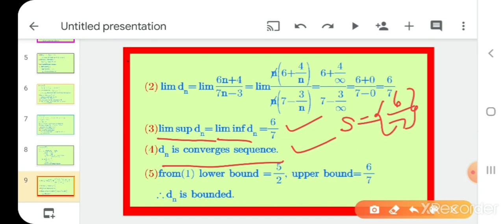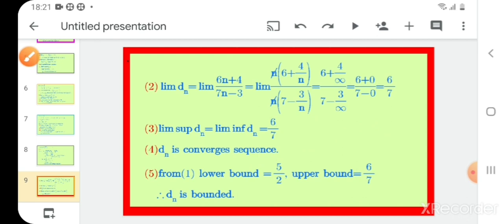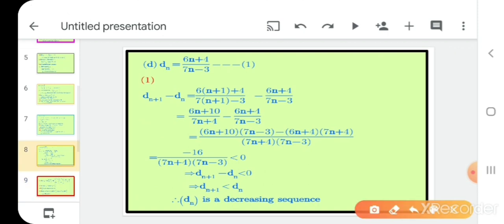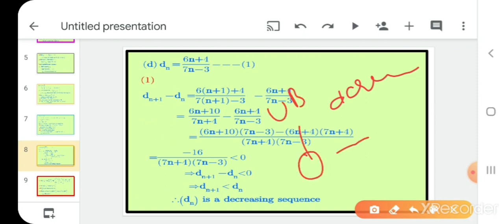Now we have to find whether the given sequence is bounded or not. That means we have to find the lower bound and upper bound. Is the given sequence increasing or decreasing? Decreasing sequence. That means the first value is the upper bound and the last value is the lower bound. Last value means where n tends to infinity.